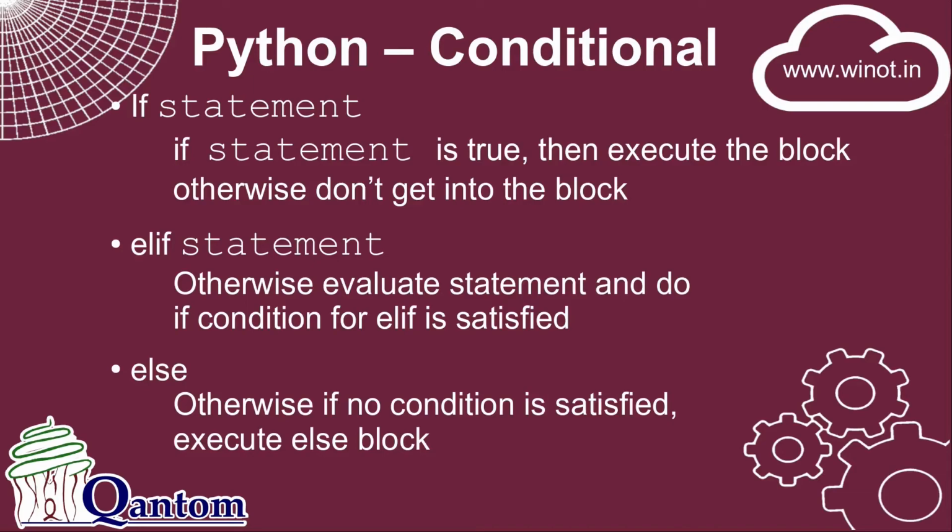The else keyword cannot have any statements following it. To summarize the if, elif, else blocks, you're telling the Python interpreter that if condition A is satisfied, then do the first set of instructions. Otherwise, if condition B is satisfied, then do the second set of instructions, and so on. Finally, if none of the conditions are satisfied, then execute the lines of code in the else block.